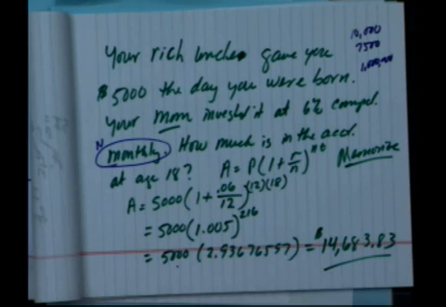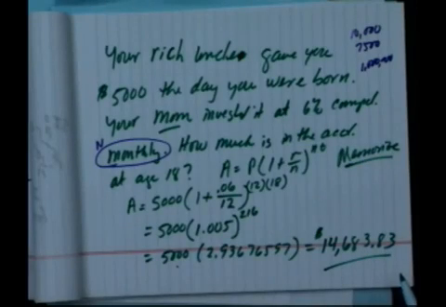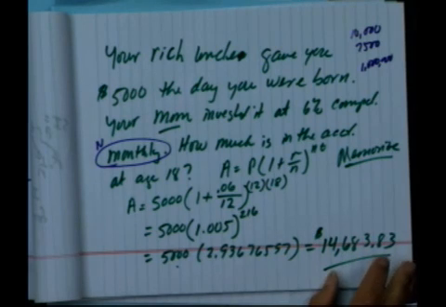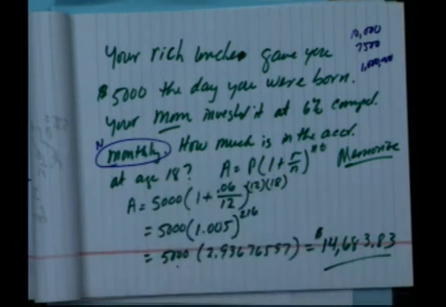Put it in one of those college funds for you where you can't touch it till you're 18, and it grows maybe hopefully interest free for you. And it grows to $14,683.83. So the amount of interest you earned was, what, $9,683.83? All right, now if you could just talk your uncle to put in $5,000 every year for you and not just one time, life would be great.